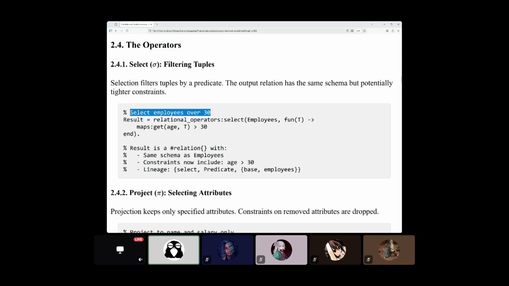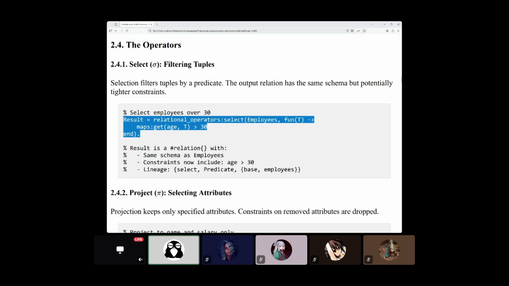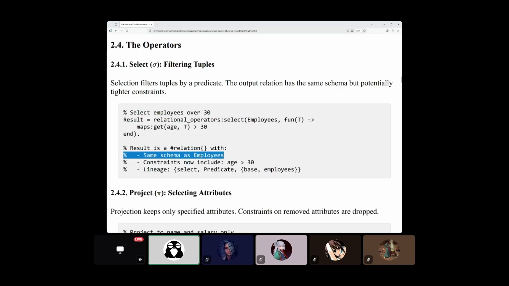So it now exists in our database as a new variable in your algebra. They share the same schema, and they now include the new constraint apart from the original constraints that the original had, in theory. And it also has a new lineage, because this thing originated from a select with this predicate on the base relation, employees.